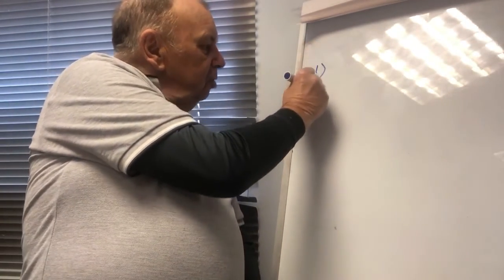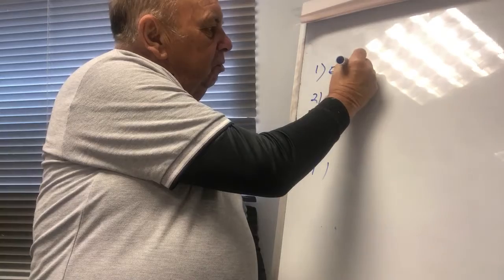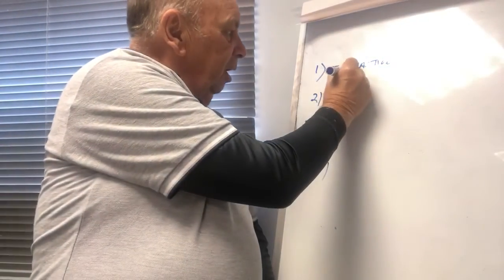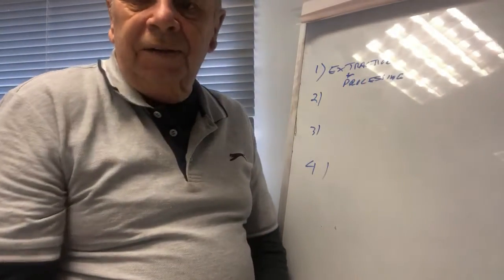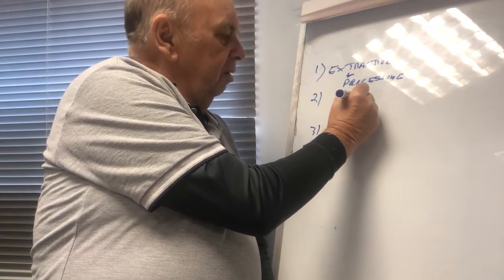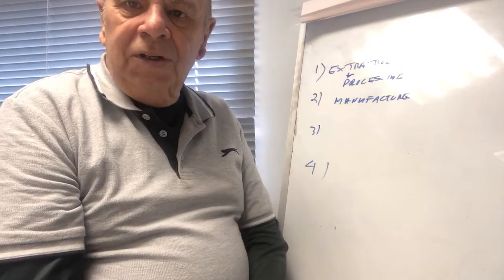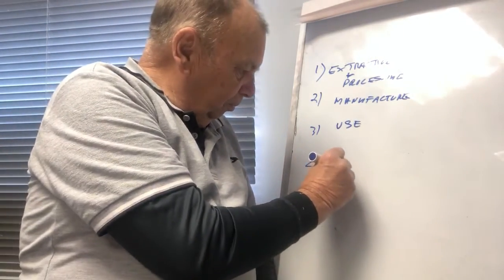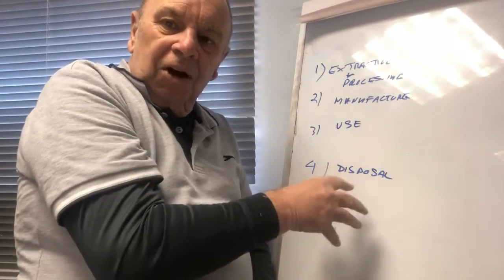These are extraction and processing of the raw material, then the manufacturing, the manufacture of it, and then how is it going to be used, the use of it, and finally the disposal, i.e. it's born, it lives, it dies.